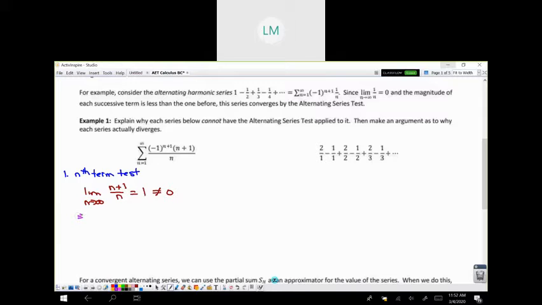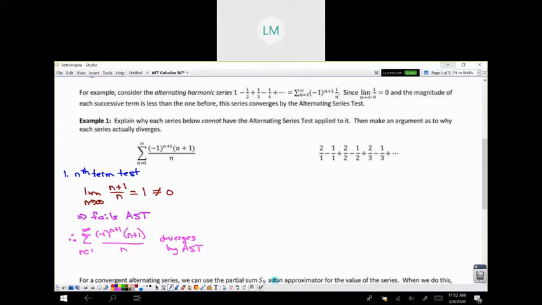So this series fails the alternating series test, and therefore the series n equals 1 to infinity, negative 1 to the n plus 1, diverges by the alternating series test.